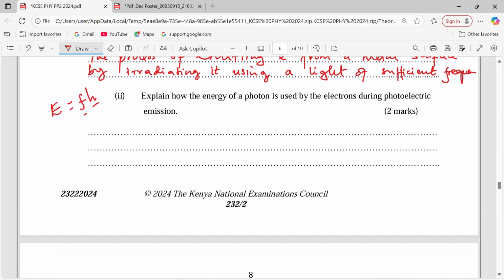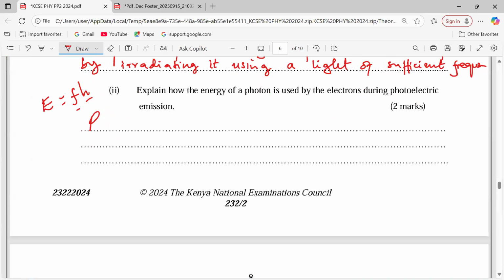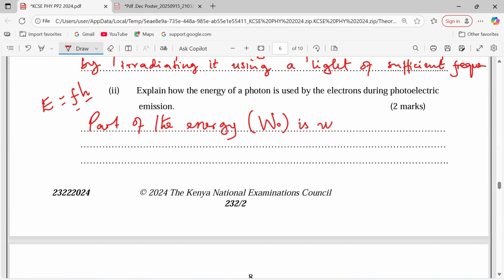Explain how the energy of a photon is used by the electrons during photoemission. Once the energy is absorbed, part of the energy, which we call the work function in this case, is used to dislodge, or rather to emit electrons from the surface by breaking their attraction from the nucleus.